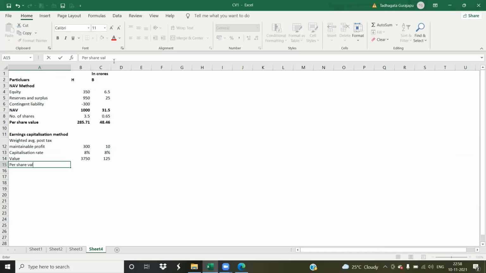Per share value, that is equal to this by this.